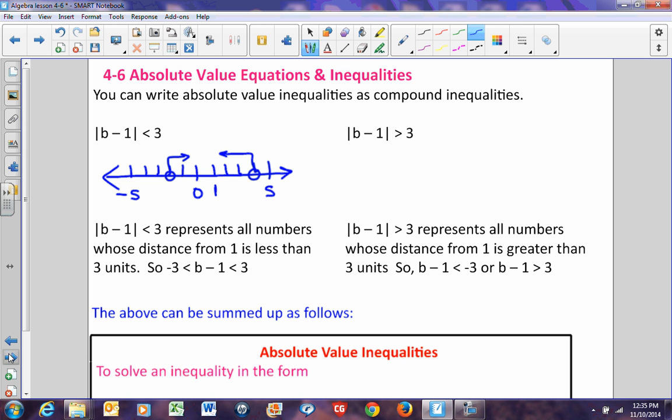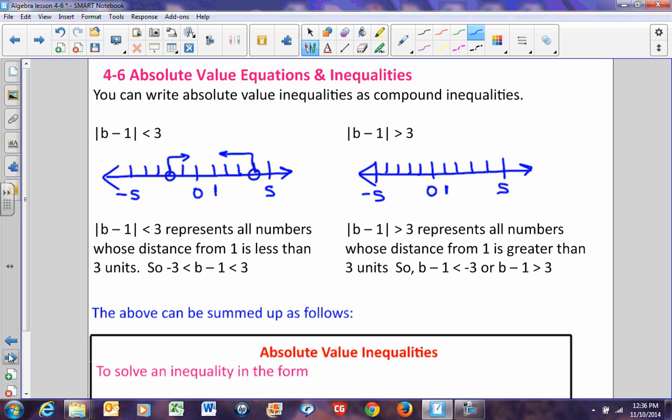If I have the absolute value of b minus 1 is greater than 3, that represents all the numbers whose distance from 1 is greater than 3 units. So if I have my lovely number line here, and here's 0, 1, 2, 3, 4, 5, and 1, 2, 3, 4, negative 5.